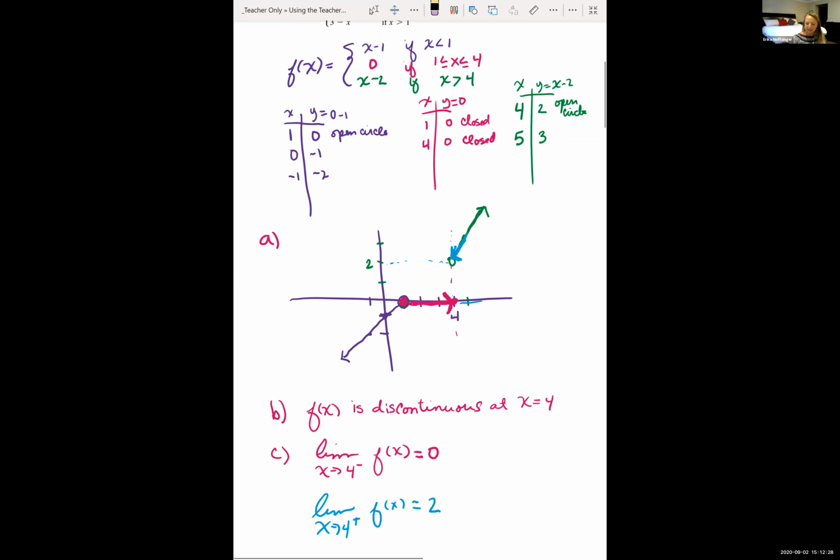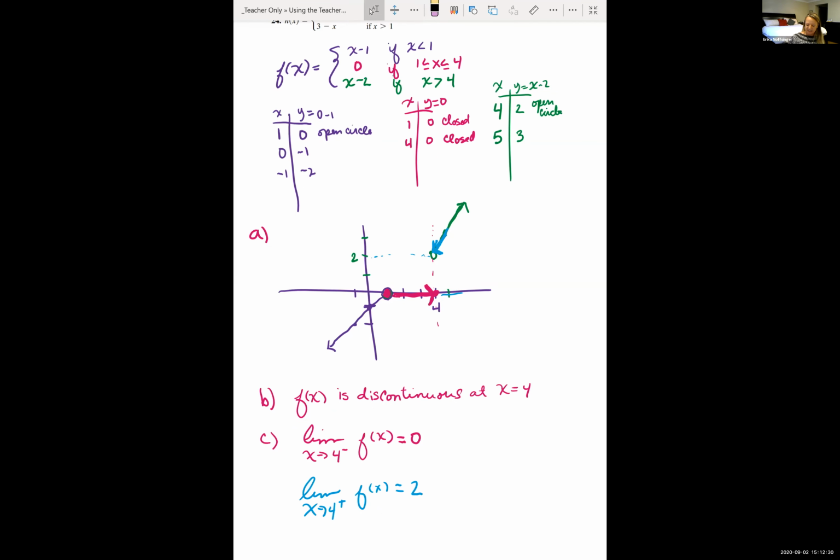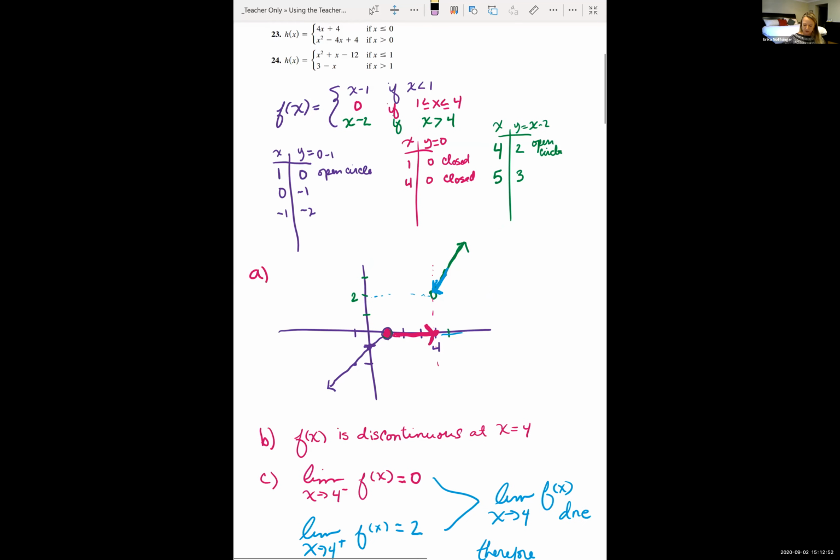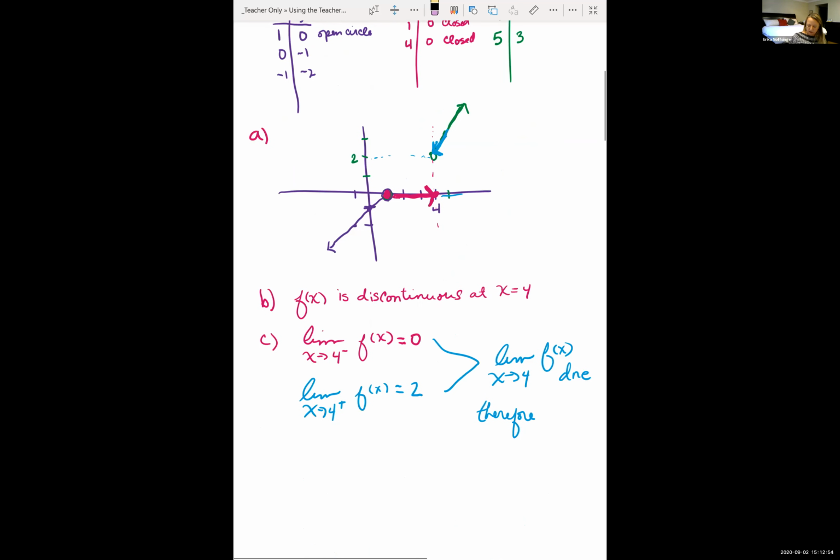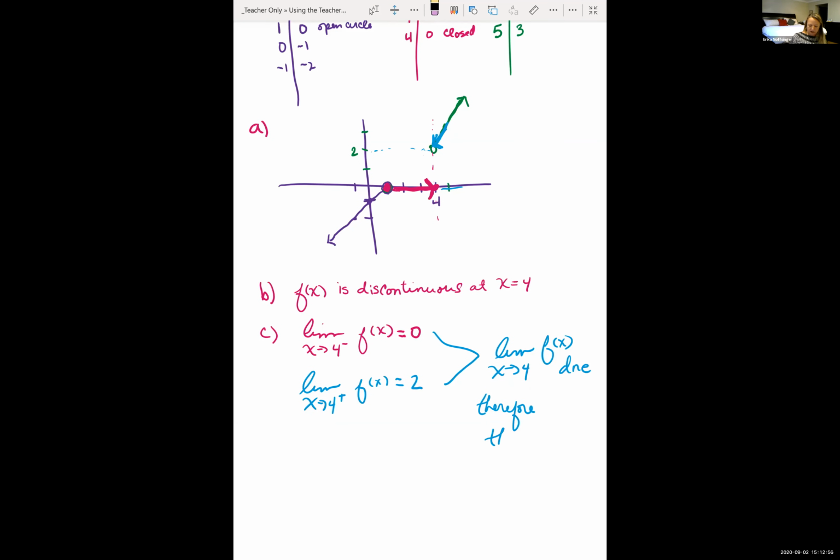And so since the limit does not exist, we just showed that it was discontinuous there. So the limit as x approaches 4 of f of x does not exist. And so therefore, one of our conditions of continuity doesn't hold. So therefore the graph is discontinuous there.